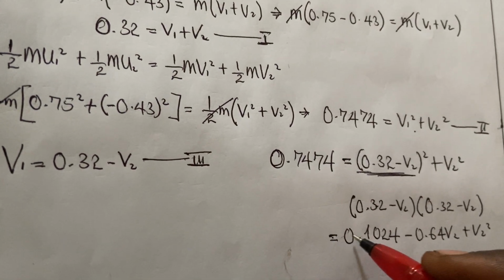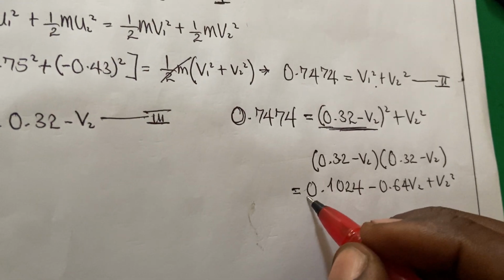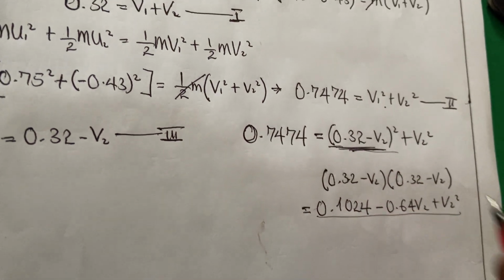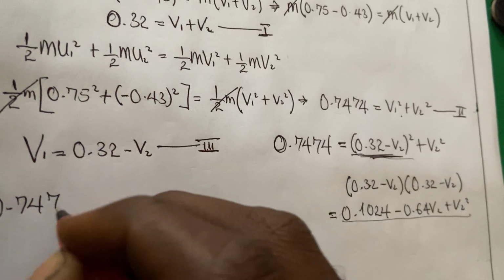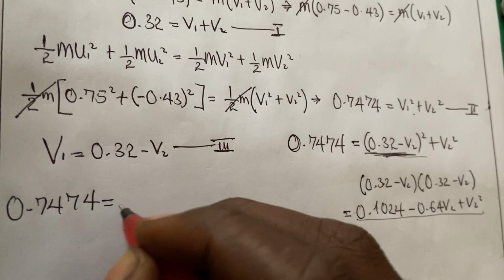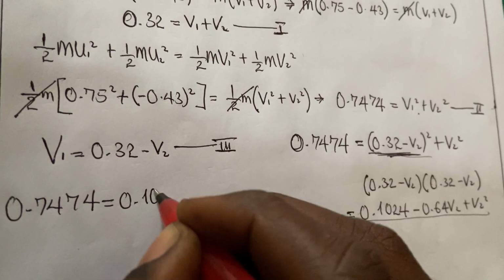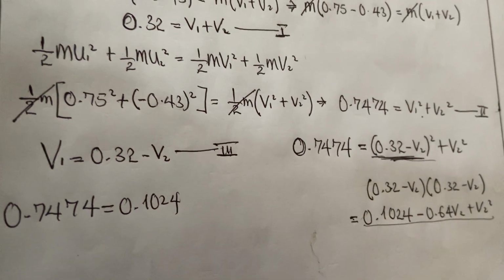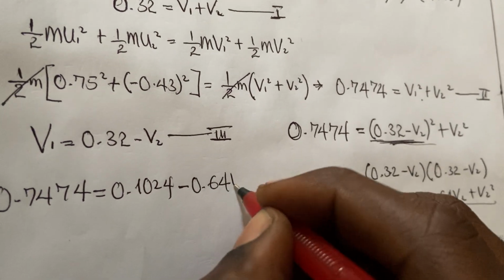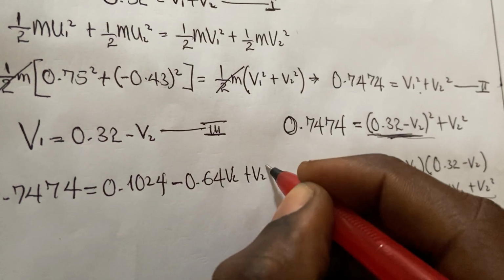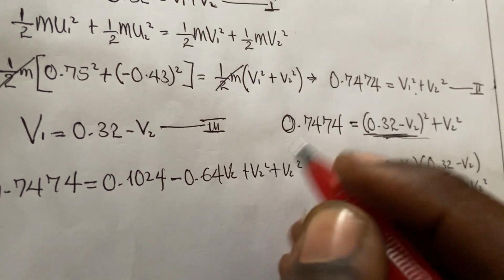Now we substitute this value for this value. So we'll be having 0.7474 equals 0.1024 minus 0.64 v2 plus v2 square plus v2 square.